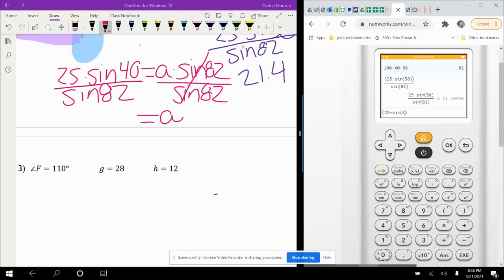Okay, I'm just going to put this in my handheld calculator because I don't know what's going on with my calculator here.